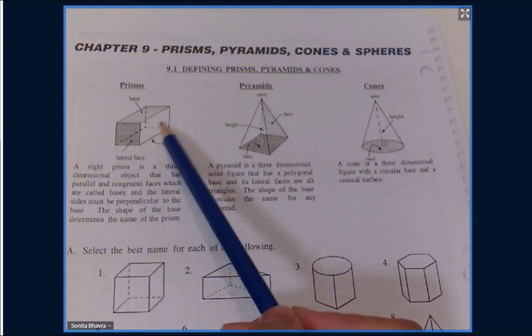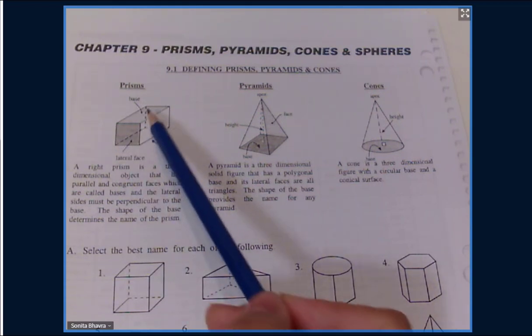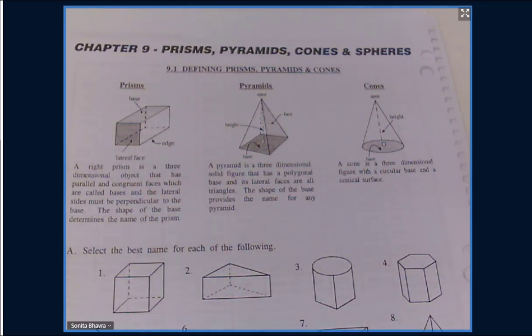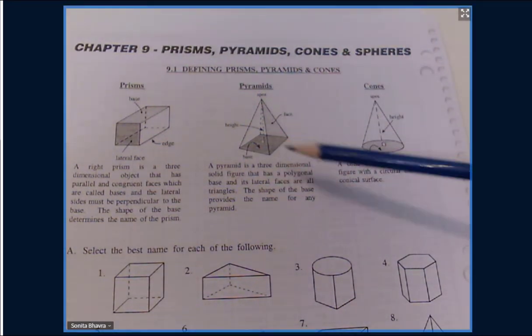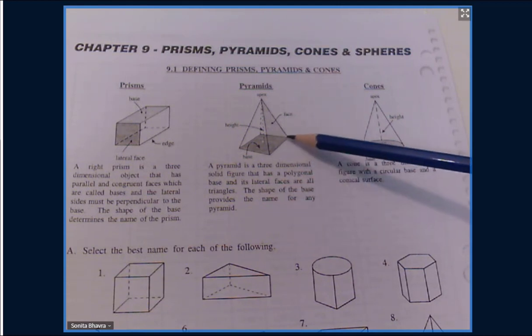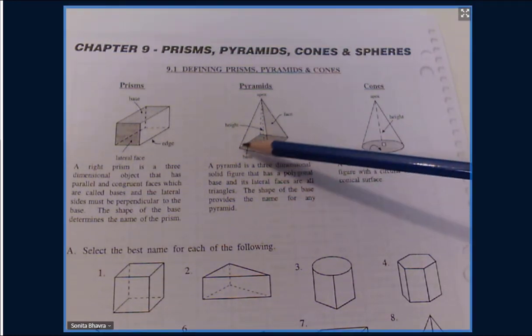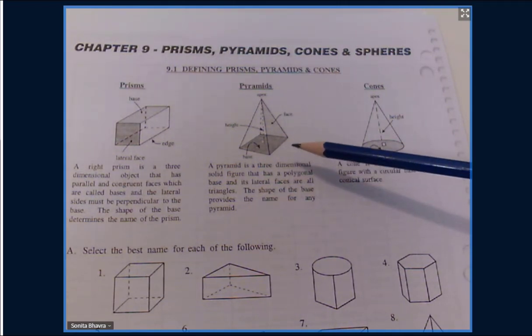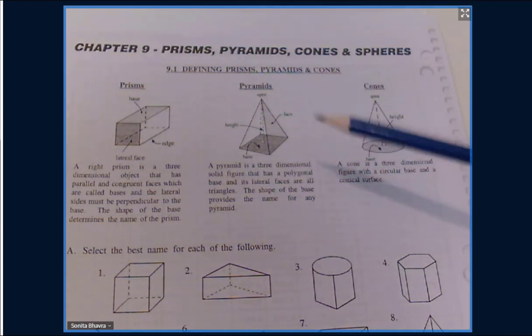So lateral faces, lateral face, and lateral face, top and bottom was the base. When we look at the pyramid, the bottom we have called the base. So here, I think it's a square, not too sure, but it looks like a square. Could be a rectangle. Top, very top point is called the apex.